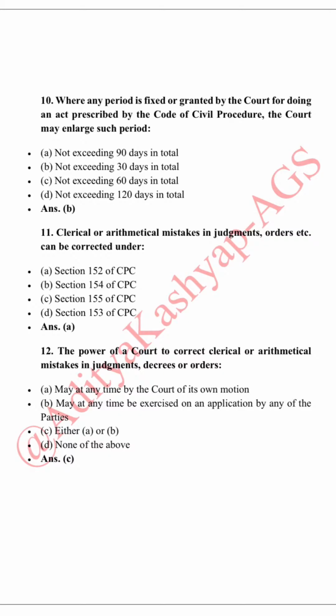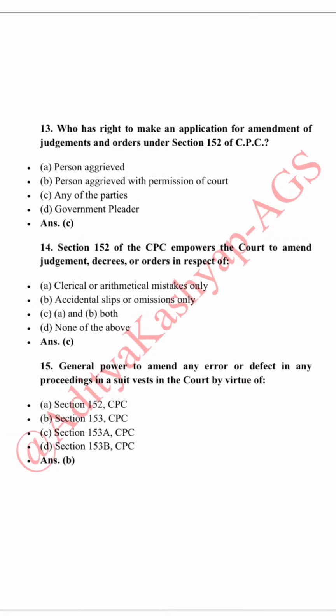So this is question number 12. Question number 13. What does question number 13 say? Who has the right to make an application for amendment of judgment and order under section 152 of CPC?